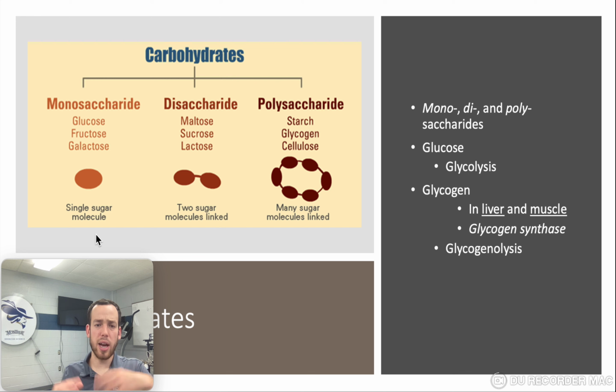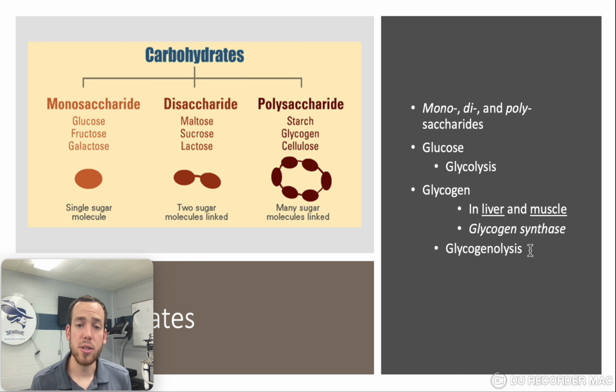Now, once we start to stack lots and lots of monosaccharides and disaccharides together into these big chains, what you have is things like glycogen or cellulose or starch. In foods, these are harder things to digest. But as far as glycogen goes, glycogen is the storage form of carbohydrates in the body. All throughout your muscle, and particularly around your liver, you're going to have glycogen.